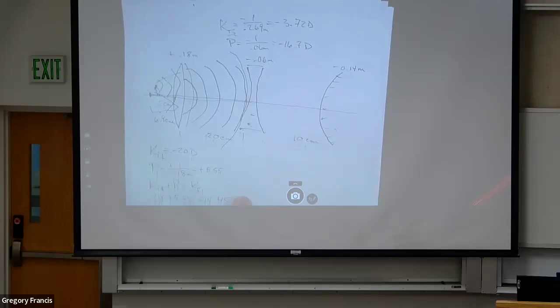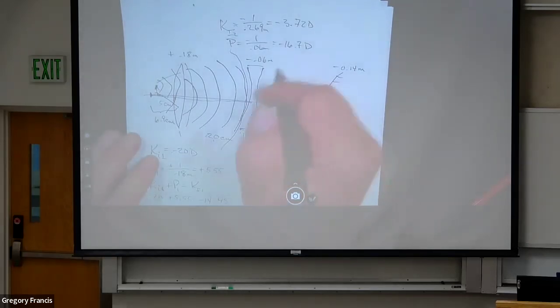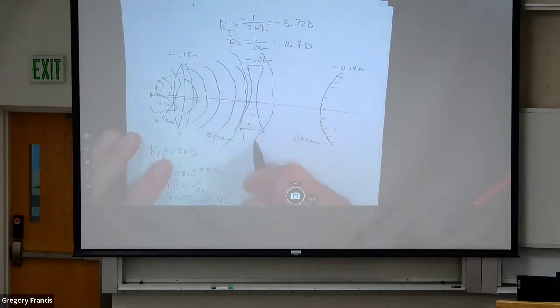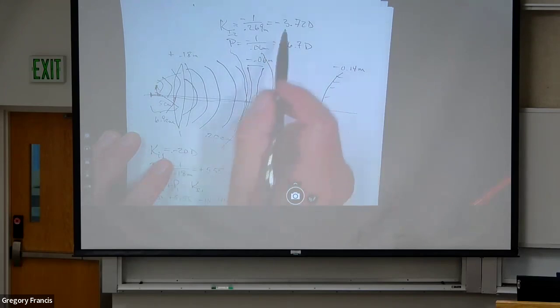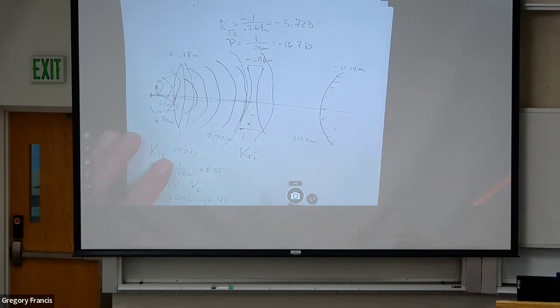Okay. Stop me if I lose you. Let's just keep on plowing through. And that means that when it gets through here, it's going to have a K final 2 that is equal to this plus this, which is going to give me negative 20.42 diopters.